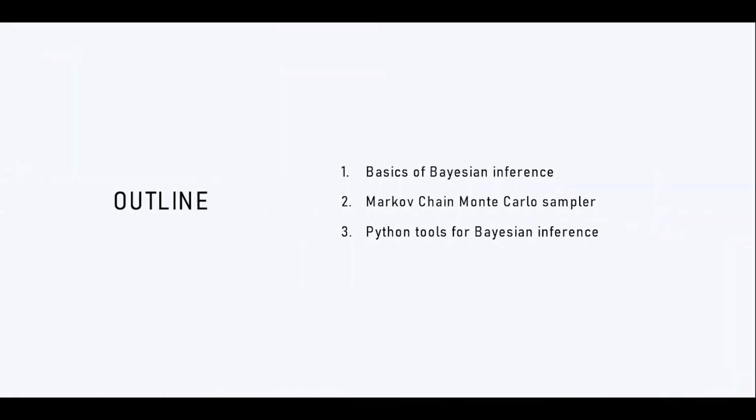Overall, this lecture will not go into the details of Bayesian inference or the particular method called Markov chain Monte Carlo sampling that is commonly used for Bayesian inference. If you're interested in the details of the theory for how this works, I can refer you to some material.